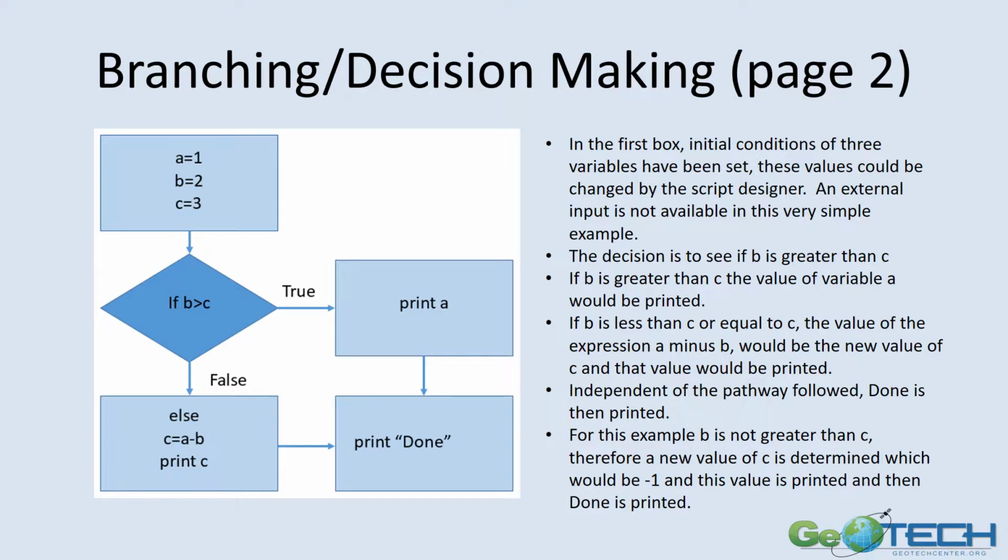Again, it cannot happen in this way we've coded this, but let's say B had a value of 4, then 4 would be greater than 3. We'd follow the true branch, and in this true branch we're going to just print the value of variable A, which would be 1, and then we leave the branch and we move into continuing the program, and we print, for this simple case, done.